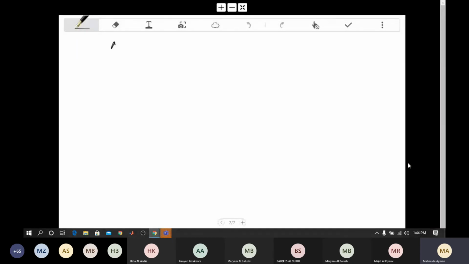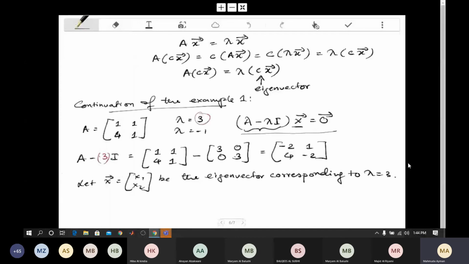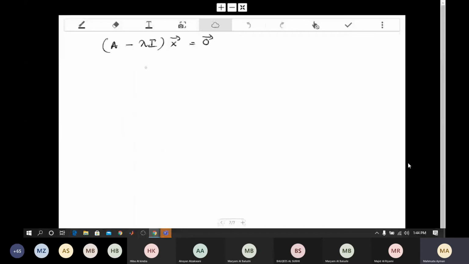So we have A minus lambda I times x vector is equal to the 0 vector. So A minus lambda I we just solved here and we got this matrix. This matrix here is A minus lambda I. So we'll copy and put it here.